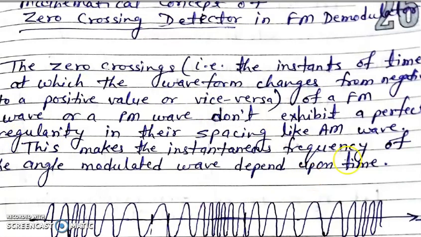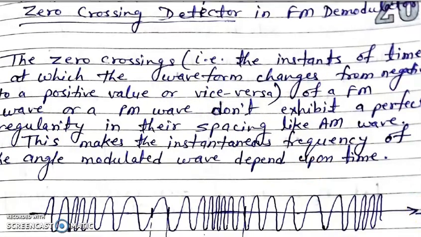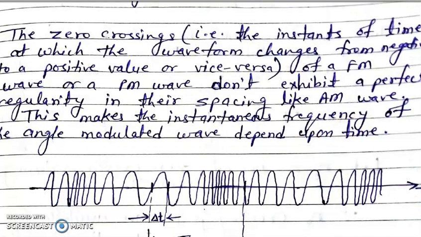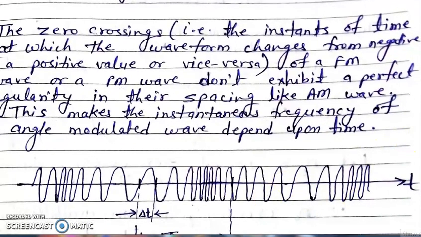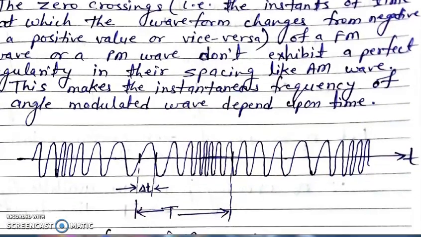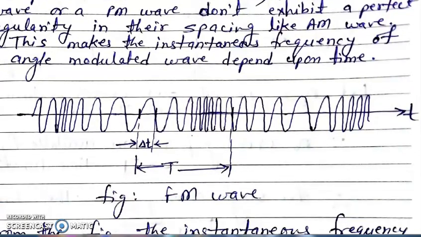Now, as you are able to watch in this diagram, here the zero crossing time duration is del t.